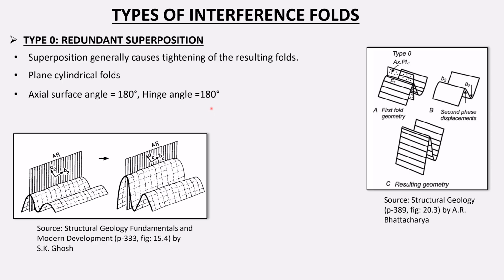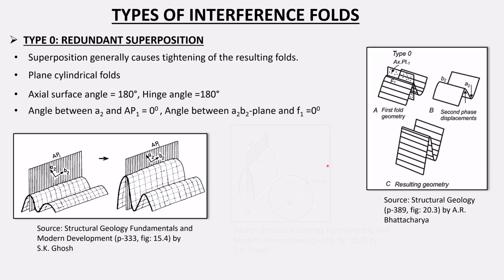And here you can see again a picture of the initial fold and the resultant fold, and the angle between A2, which is the deflection direction of the second generation fold, and axial plane 1, which is the axial plane of the first generation fold. The angle between them is 0 degrees, and the angle between the A2 B2 plane and the fold axis of the first generation fold is also 0 degrees in this case.